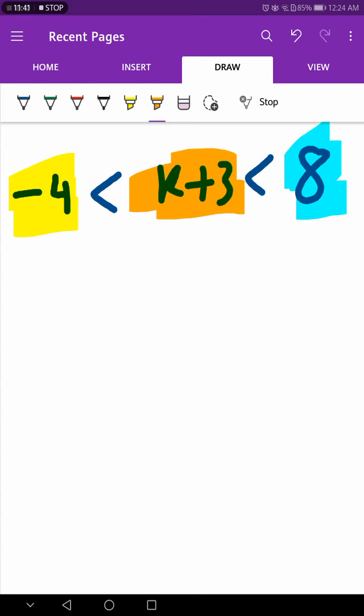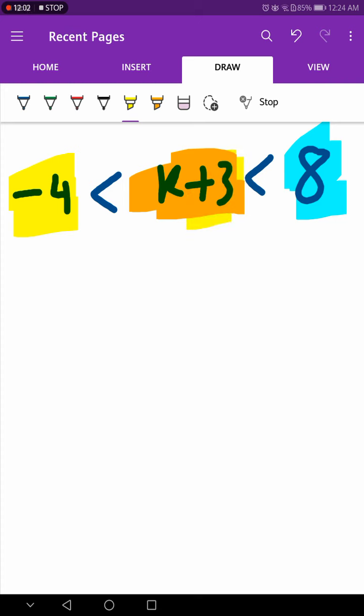Now how can I solve this inequality? As I said before, to solve an inequality or equation, you have to make the letter or the variable alone, in this case the k alone. And how do you make the k alone? You have to eliminate this plus 3.